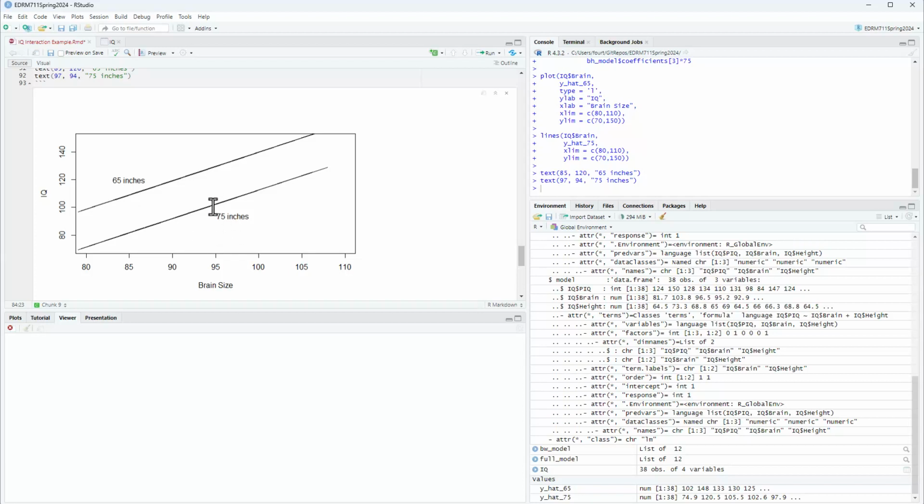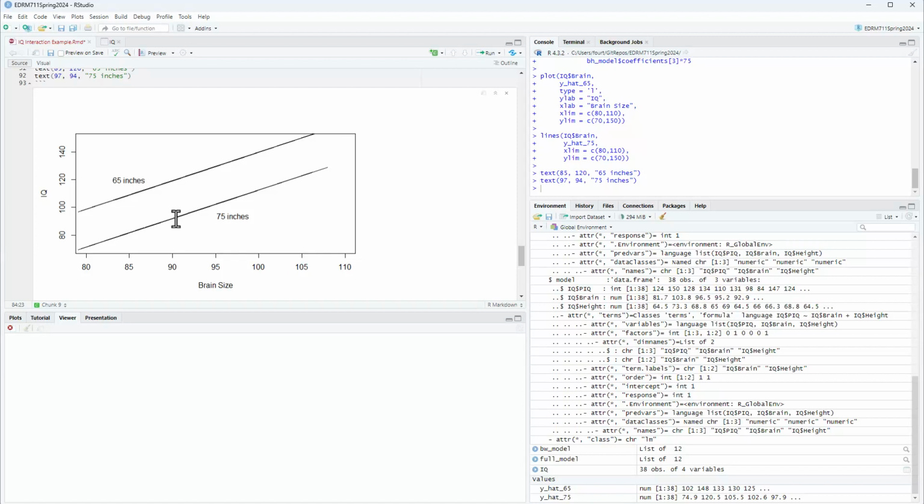And so therefore, someone who has a larger brain at 75 inches could be the same intelligence as someone with a smaller one at 65 inches. So that gap you see is assuming that you're holding the brain size constant. And the fact is that typically when you get taller, the brain size increases.